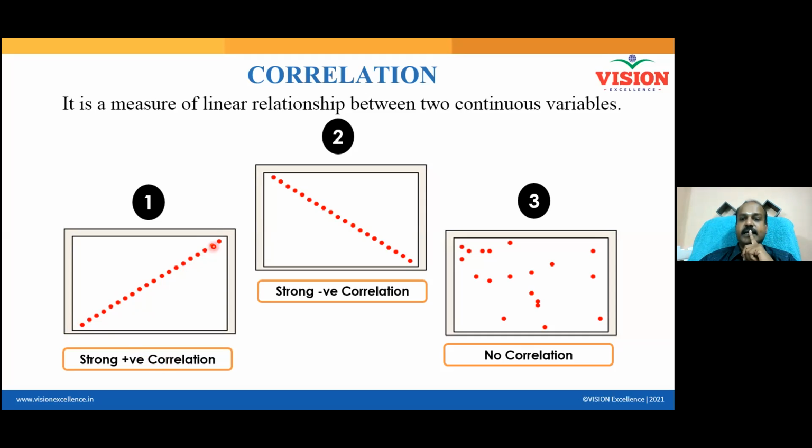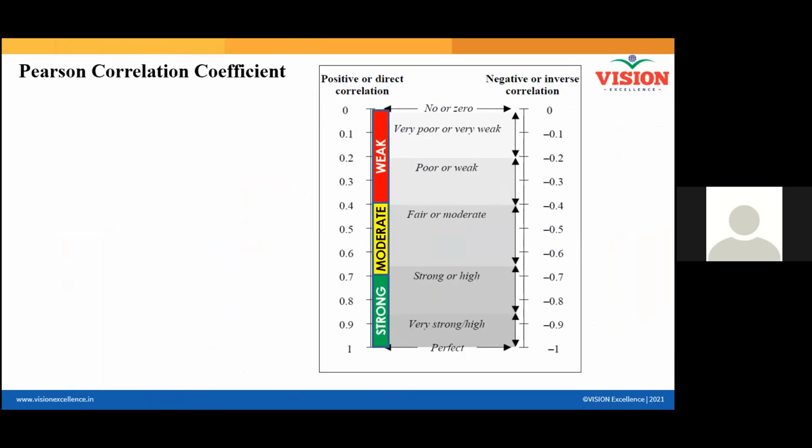This is perfect linearity. Relationship is positive. I call the relationship positive because as x increases, y increases. This is called a positive correlation. And I also call the relation as strong. Why do I call the relation strong? All of them are on the perfect straight line. Now this number 2, scatter diagram 2.